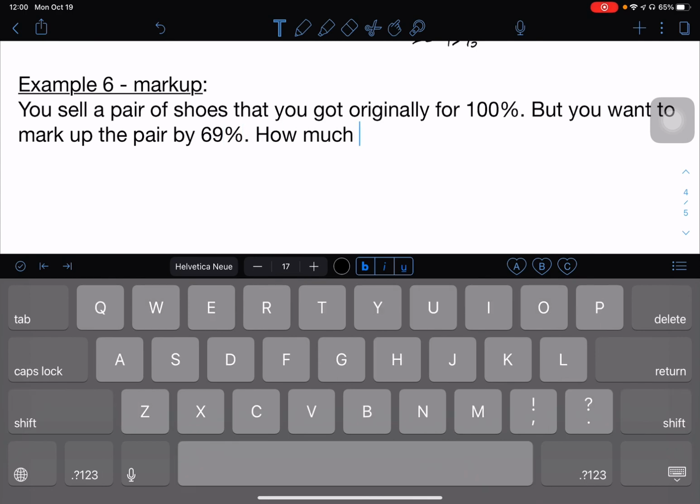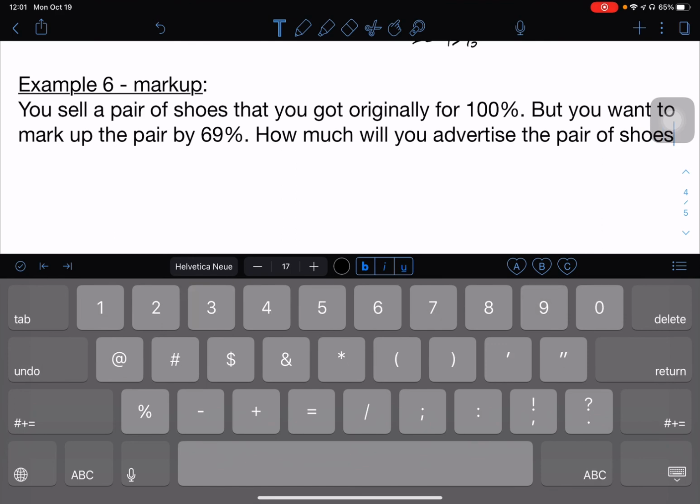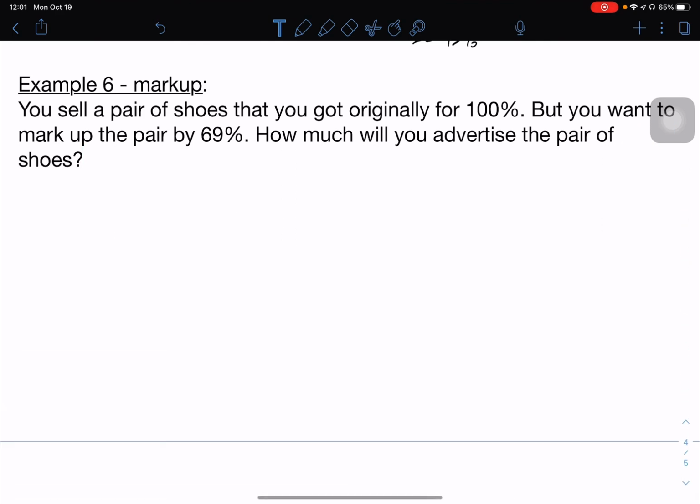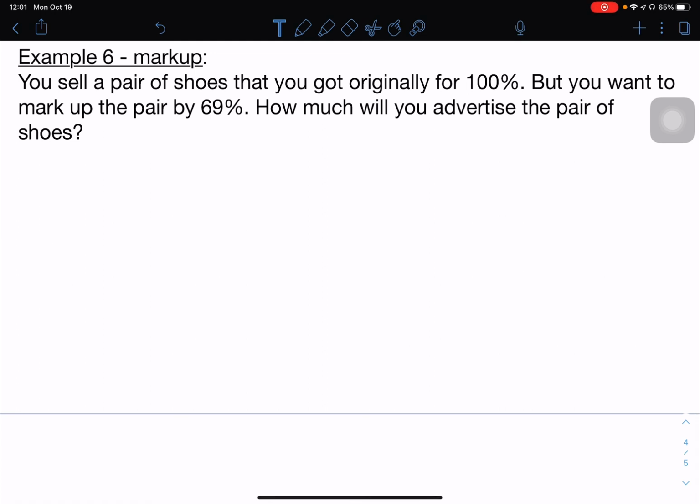How much will you advertise the pair of shoes? So you can see here, this is like anyone that, say, they're leasing or subletting their room and they want to mark up to make money.